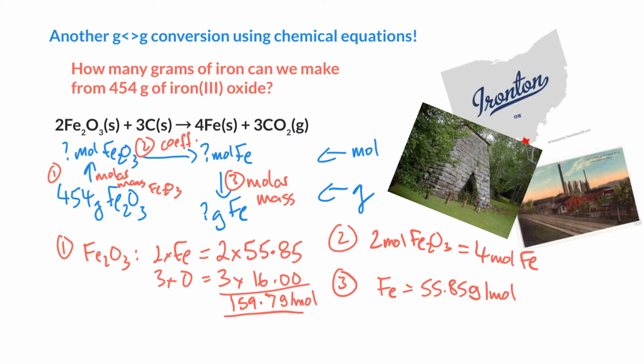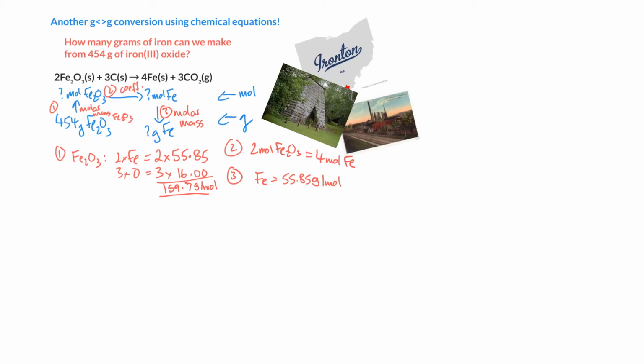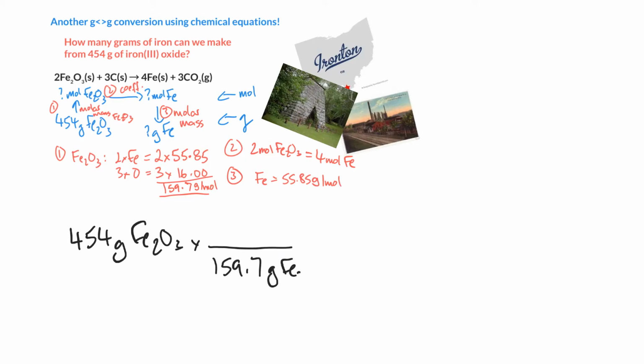So let's try and do that. So I shoved everything up in the top left corner. I hope that's okay. So that's our 454 grams of iron oxide. And step number 1 was we're going to convert that to moles. So we put the 159.7 grams of iron oxide on the bottom, and the 1 mole we put on the top.